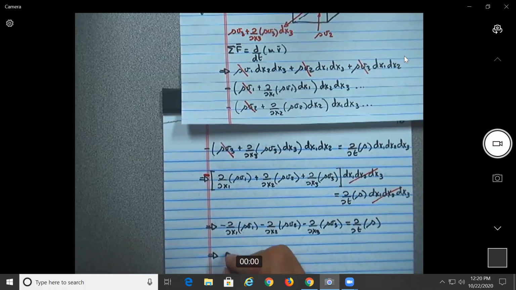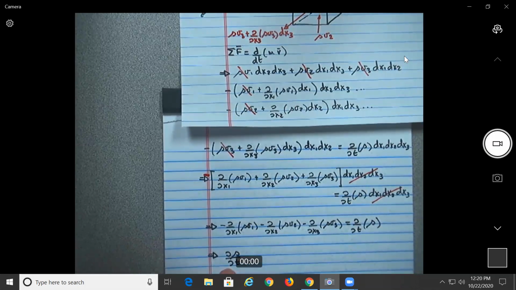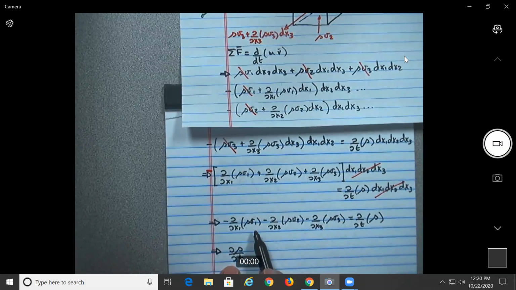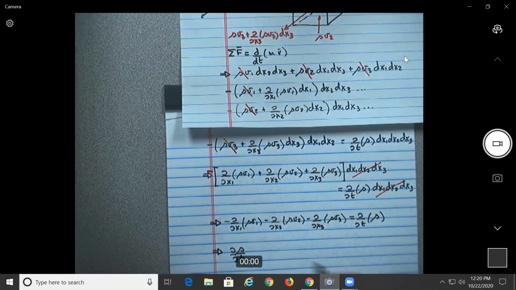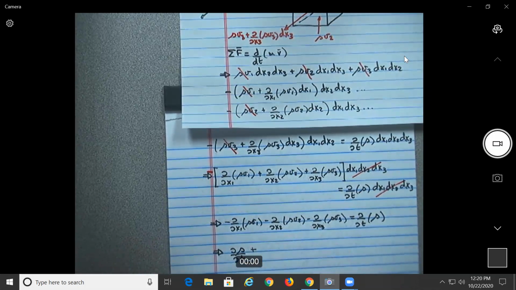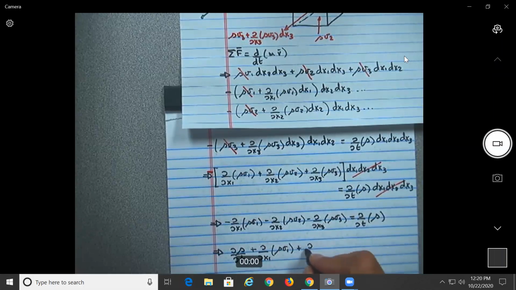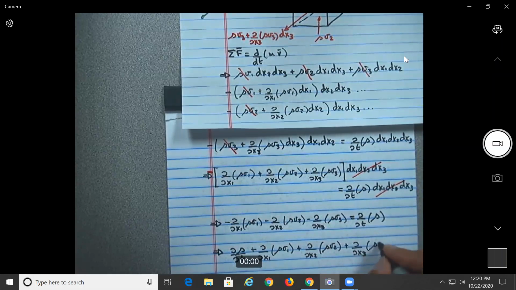Or we can write this as the material derivative of the property density. This would be the first term. Now we need to look at what happened with the other terms here. So it will be plus partial x1 of rho v1 plus partial x2 of rho v2 plus partial x3 of rho v3 equal to 0.